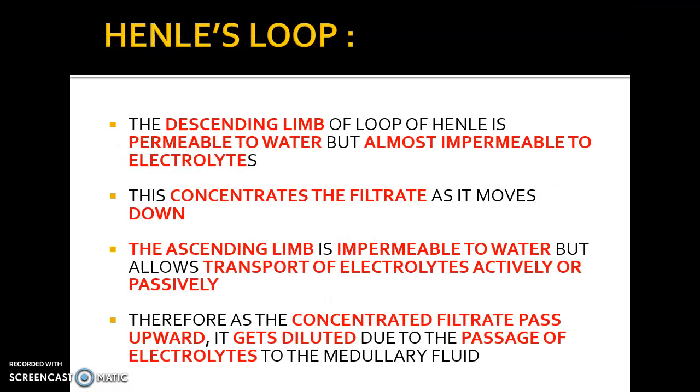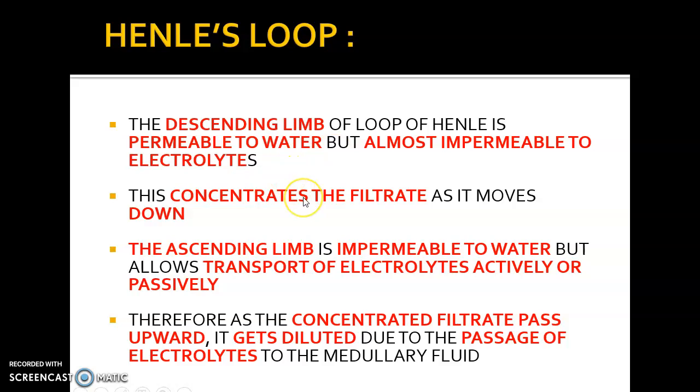Now, coming back to Henle's loop, the descending limb of the loop of Henle is permeable to water, but almost impermeable to electrolytes. When we study the loop of Henle, we find that it has a descending limb and an ascending limb. So what is the characteristic of the descending limb? It is permeable to water, but almost impermeable to electrolytes, that is the salts.